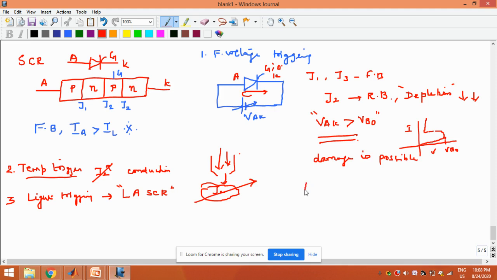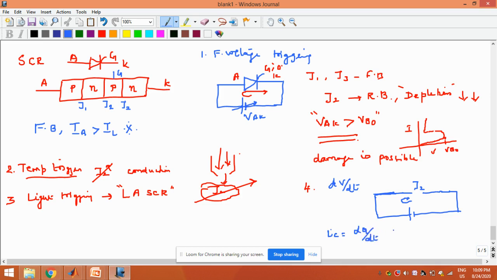The fourth scheme is the interesting one, which is called dV by dt triggering. So when you closely look at the SCR, junction J1 is forward biased, junction J2 is open, junction J3 is forward biased, it is closed. So if you closely see this, you can understand there is a virtual capacitance in the junction J2. So the current through this is nothing but IC, which can be written as dq by dt.